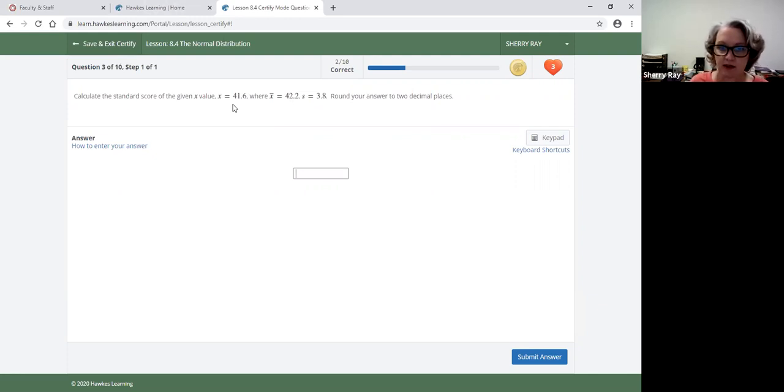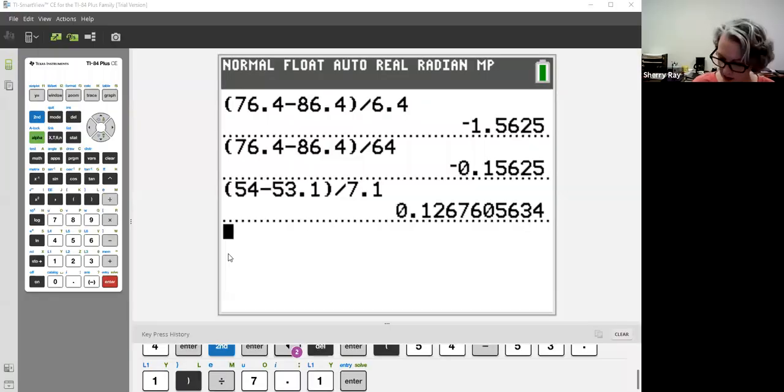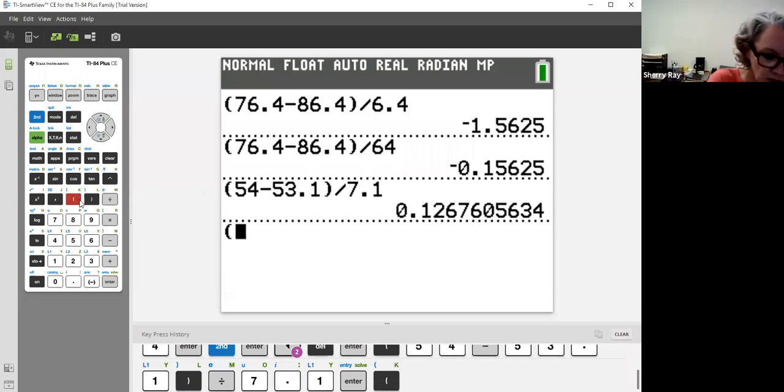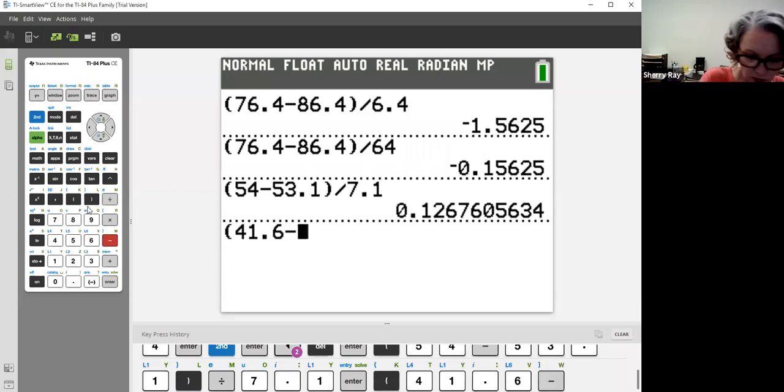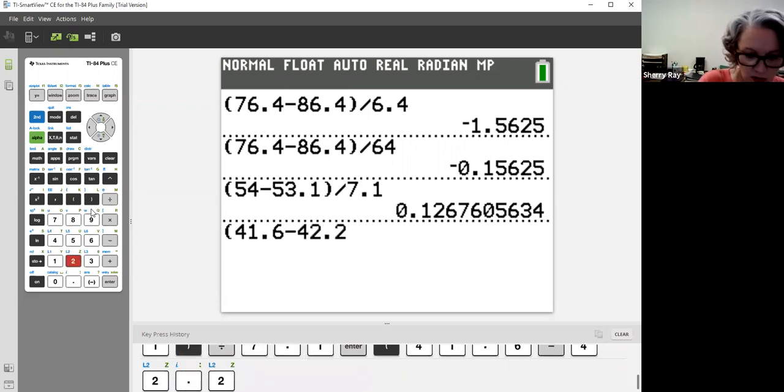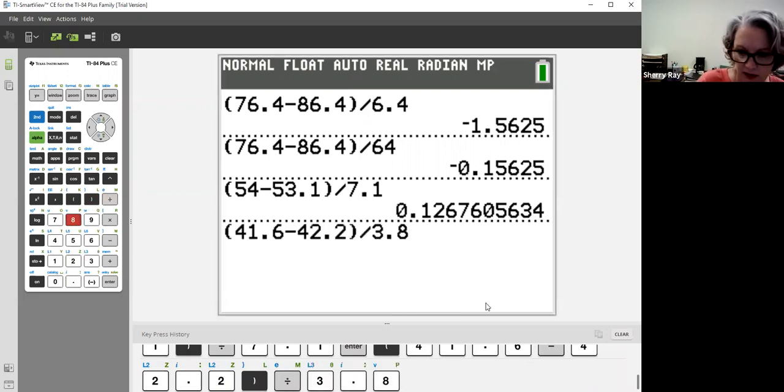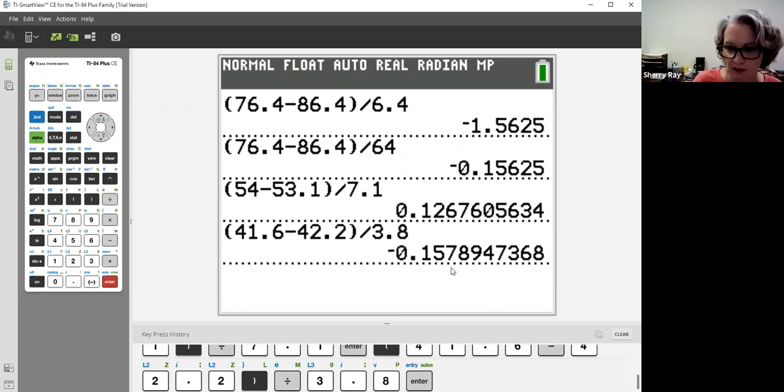So we use the z-score as a comparison to our average. I'm going to go to my calculator here, and in parentheses we have 41.6 minus 42.2, divided by 3.8. Negative 0.1579, or negative 0.16.